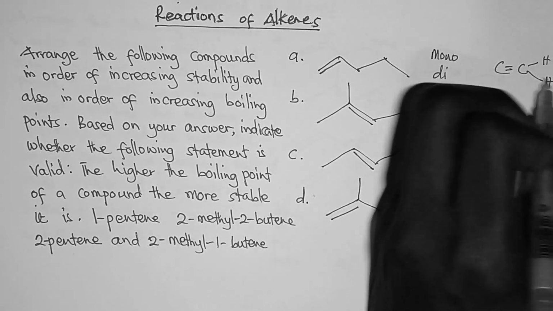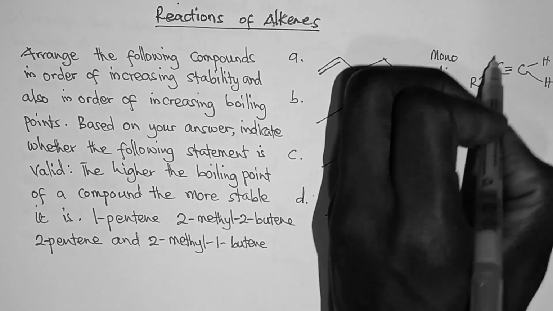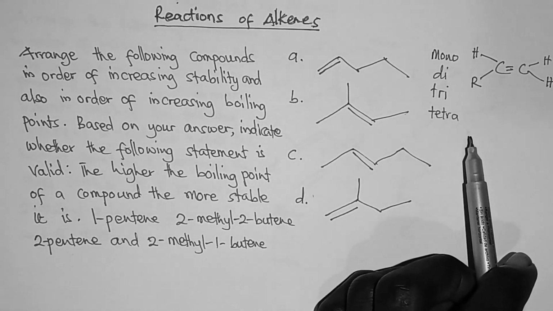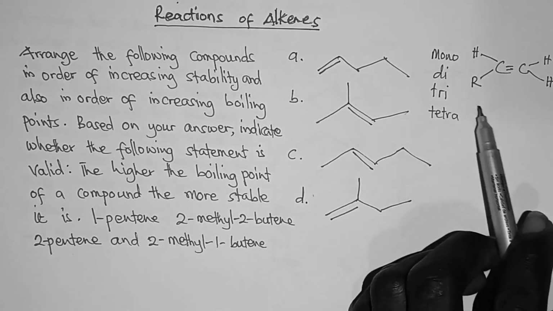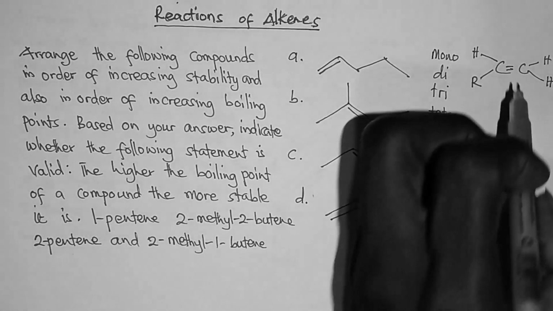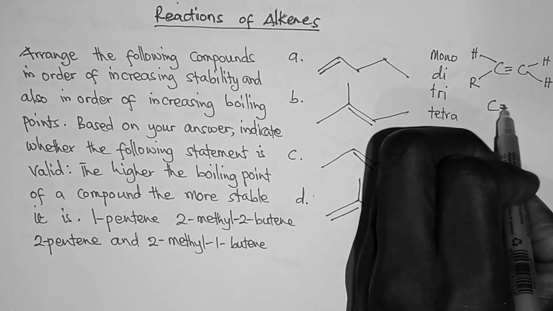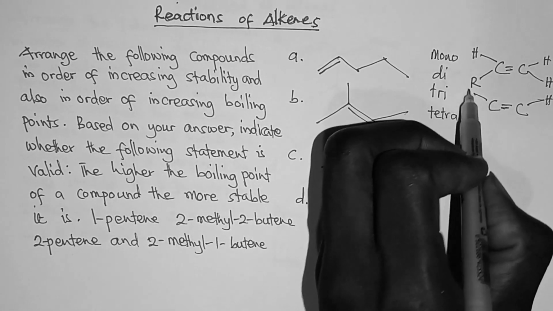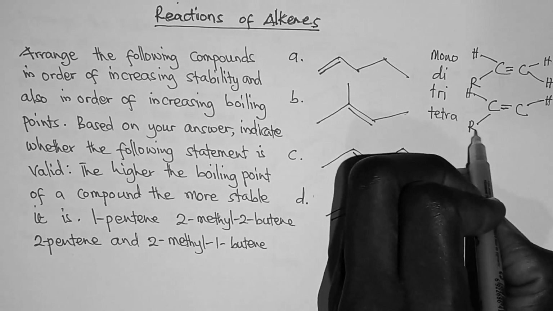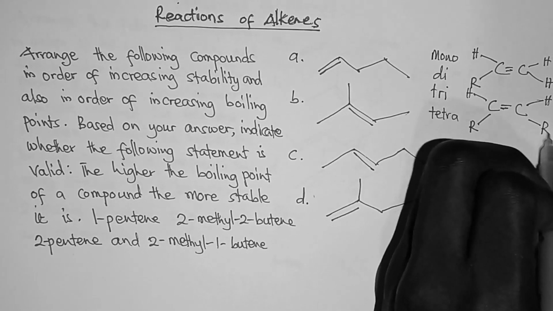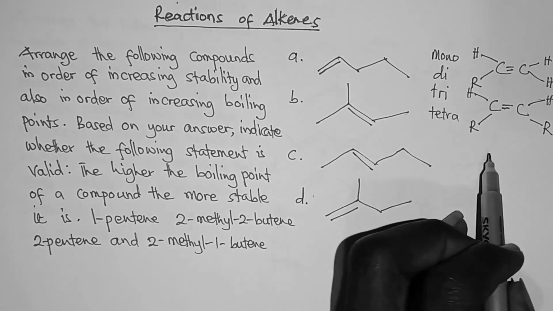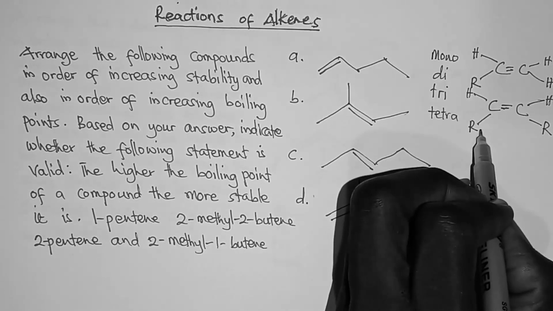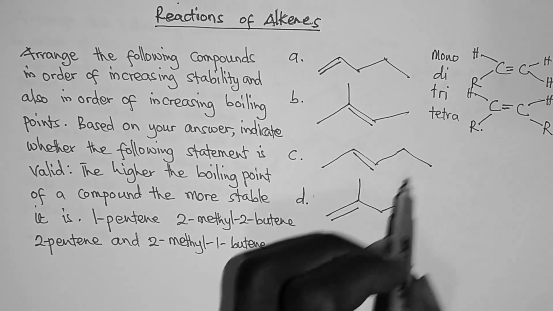The alkene has just one alkyl group substituted around the carbon-carbon double bond. We are using R to represent an alkyl group. And then a di-substituted alkene has two alkyl substituents around the carbon-carbon double bond. So let's assume this is R and then R1.